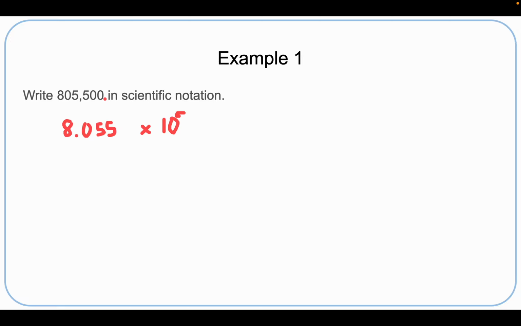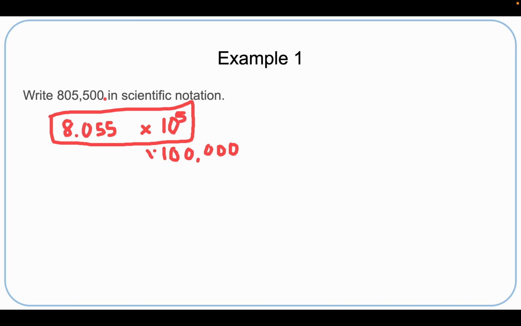So that tells us what our exponent is going to be. So we have that number times 10 to the 5th. And we know 10 to the 5th is the same as 100,000. So this is the scientific notation form of that number, but what it's saying is 8.055 times 100,000, and that would give us this original number that we started with.